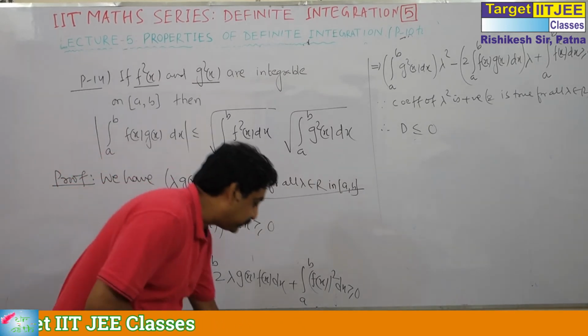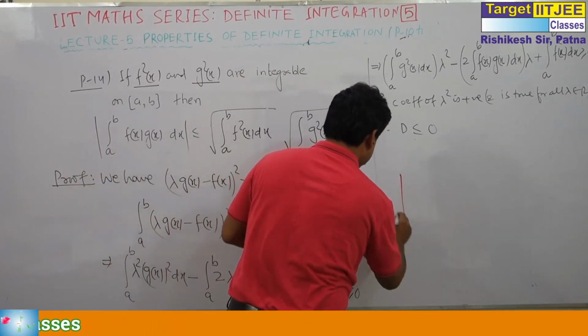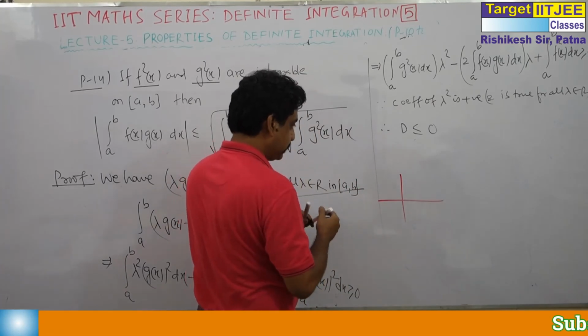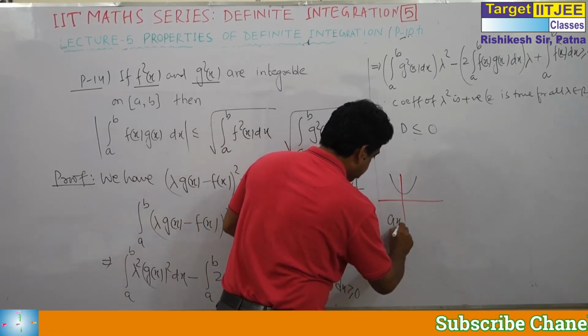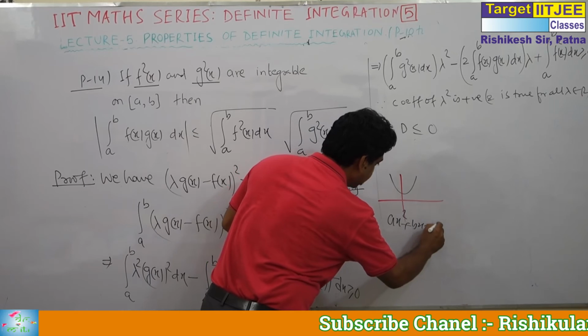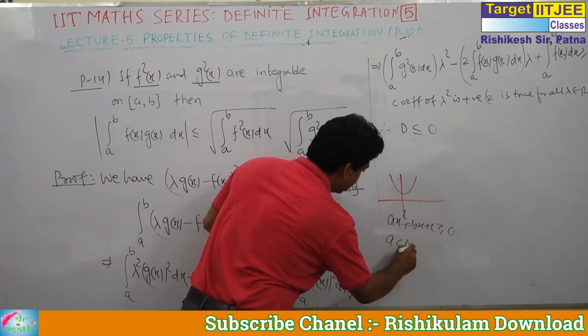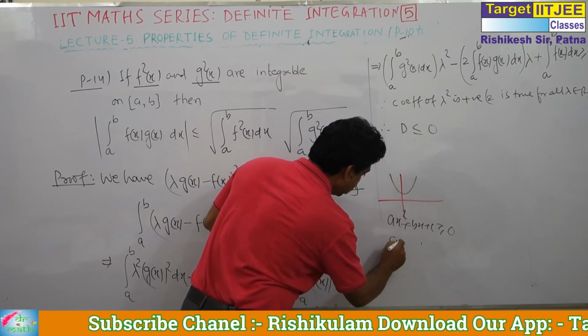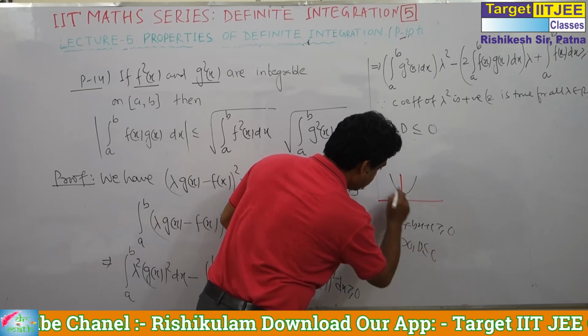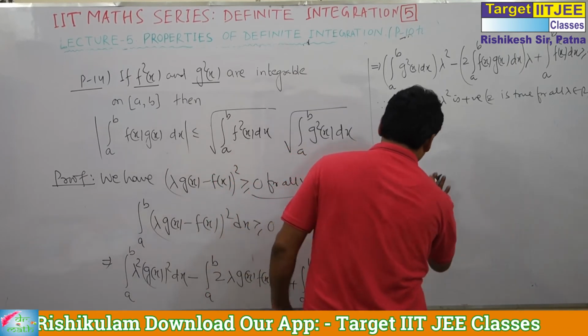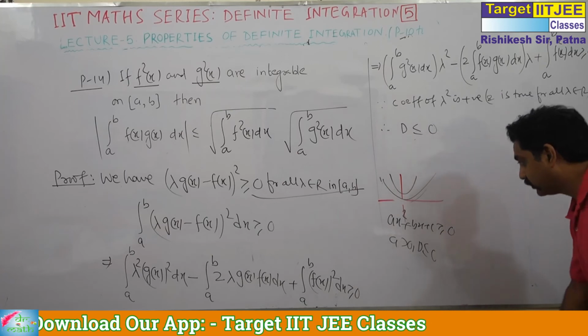Can you get the result? This one is the result for a quadratic equation: ax square plus bx plus c is greater than or equal to 0 for all x belonging to R, then a is greater than 0 and D is less than or equal to 0. Equal sign also. Okay. So this is the result.